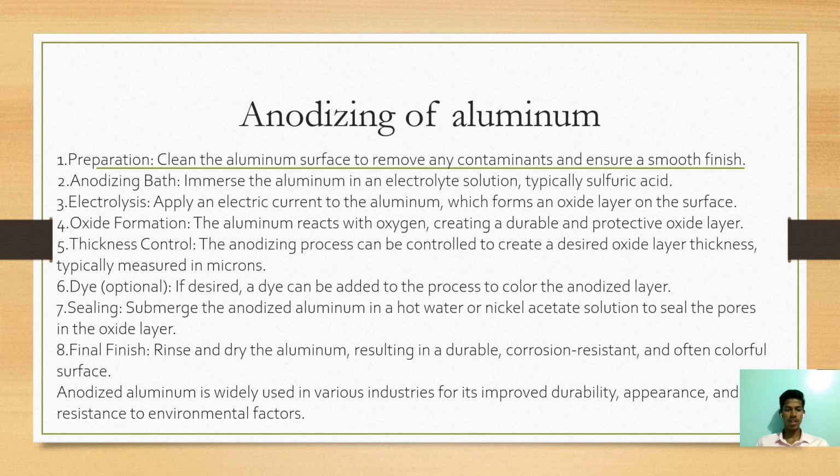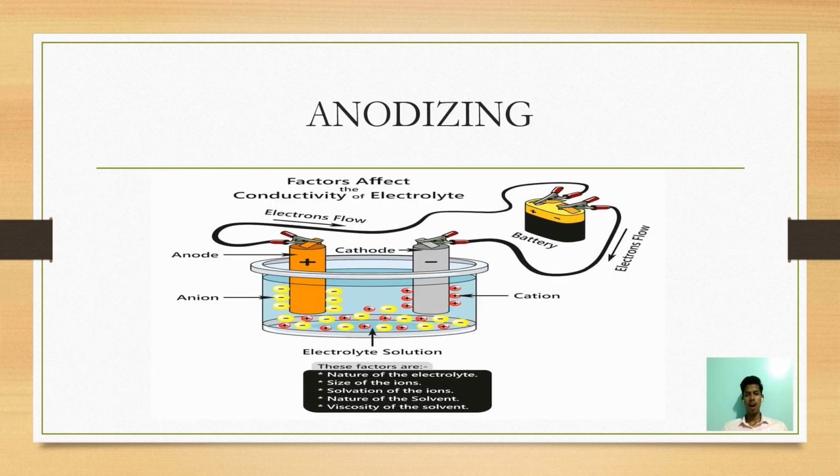And the final finishing step is to rinse and dry the aluminium, resulting in a durable, corrosion resistant, and often colorful surface. Anodized aluminum is widely used in various industries for its improved durability. As you can see in this picture, the anodizing of aluminum process goes like this, as shown in the diagram.